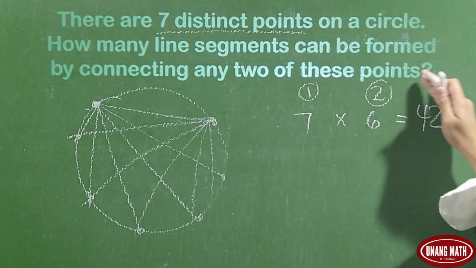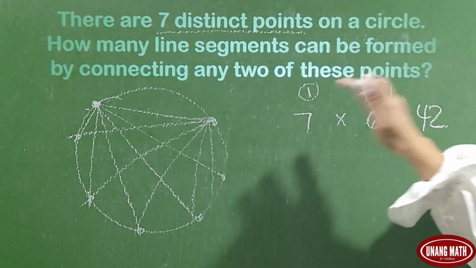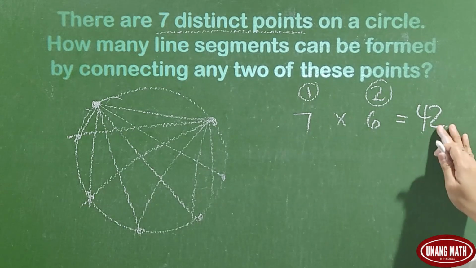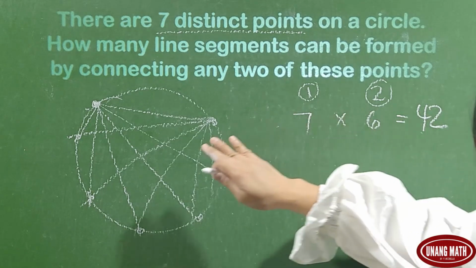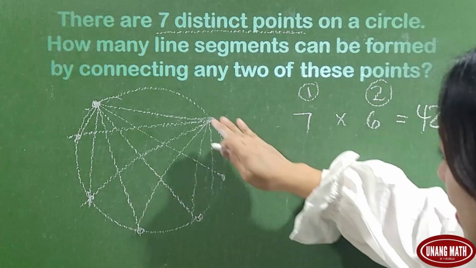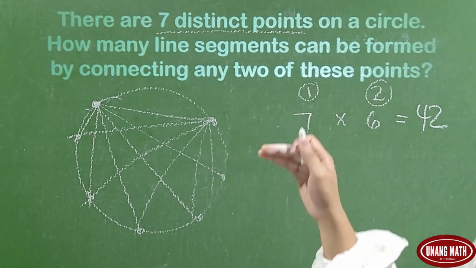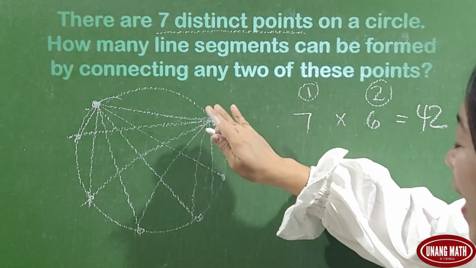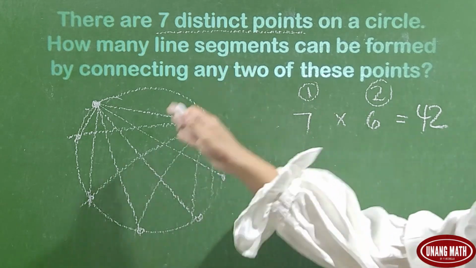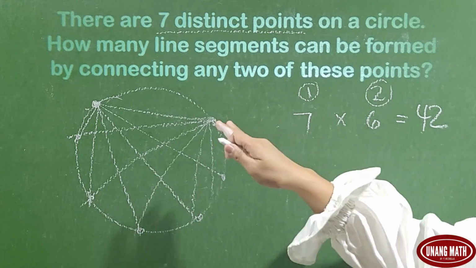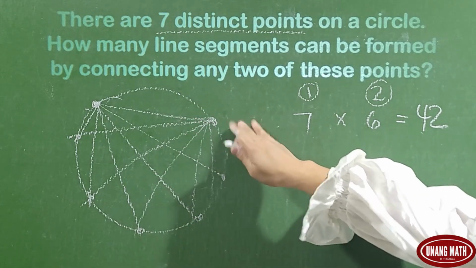But wait, this is not yet our final number of line segments, because according to this one, as you can see here, there are repeated line segments or outcomes. So we have to find out the number of repeated line segments.